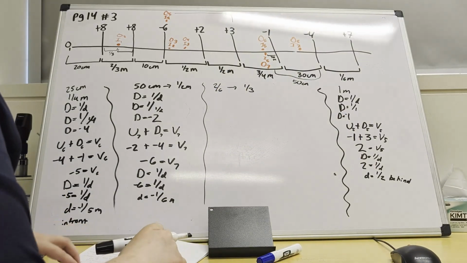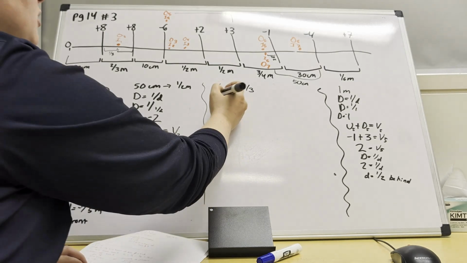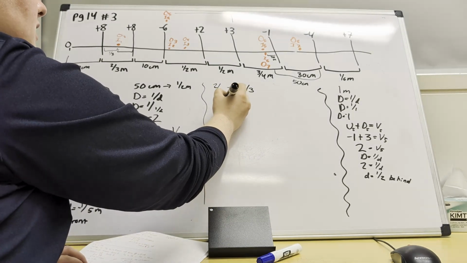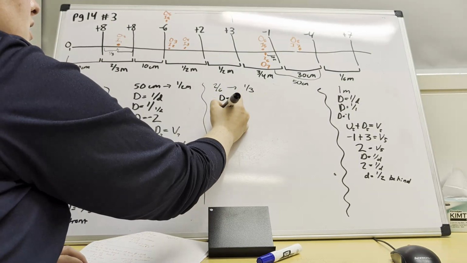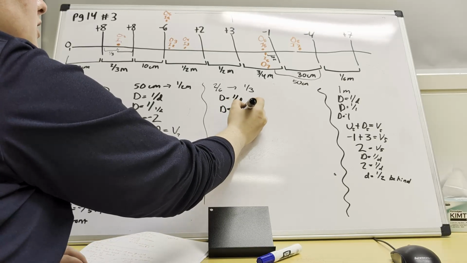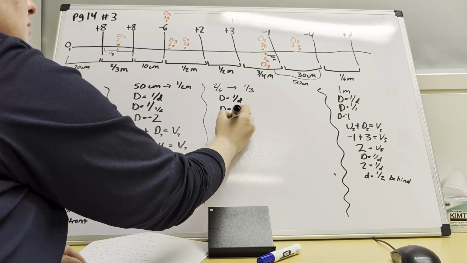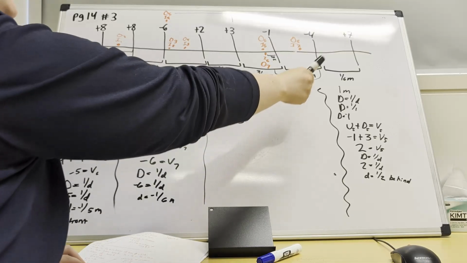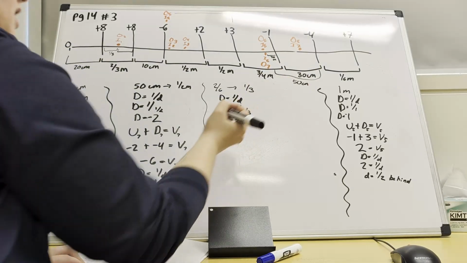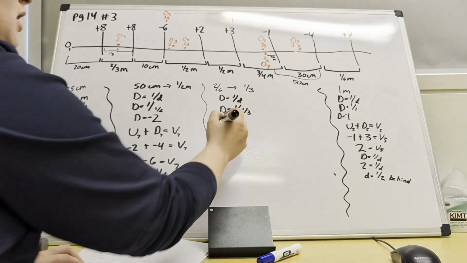If we plug this in, diopters equals 1 over distance again, diopters equals 1 over 1/3. This is going to simplify down to a 3. That's well in front, so that makes it negative.